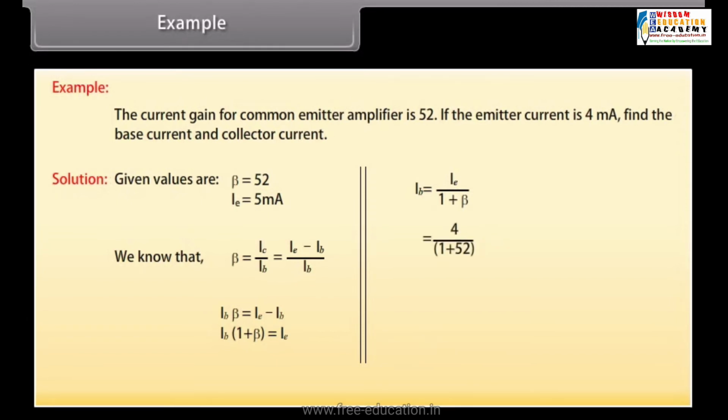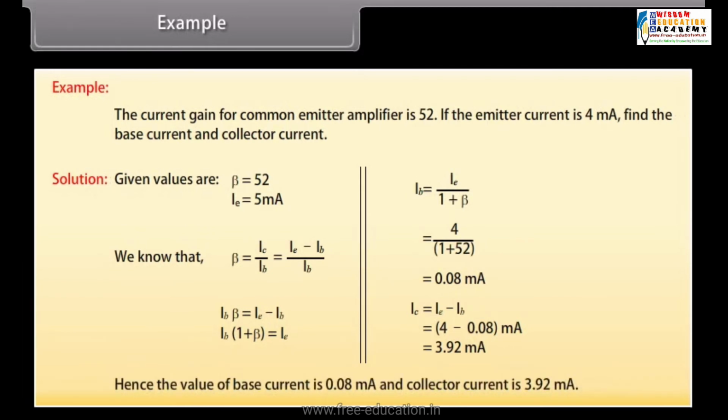Now putting the values in the expression and calculating, we get IB equal to 0.08 mA. We know that IC is equal to IE minus IB. Now putting the values in the expression and calculating, we get IC equal to 3.92 mA. Hence the value of base current is 0.08 mA and the collector current is 3.92 mA.